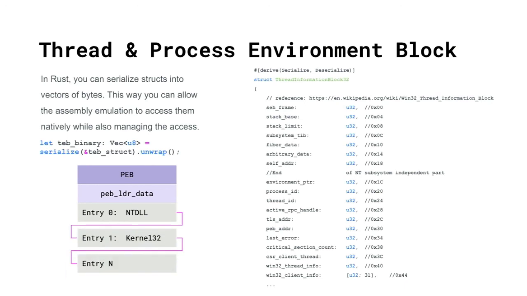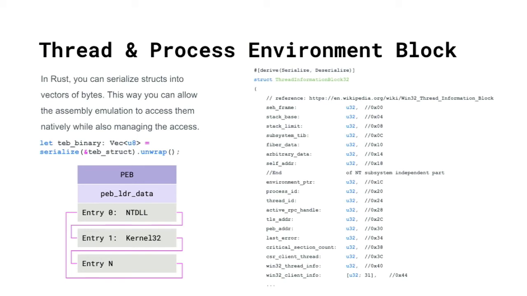Now, the thread and process environment block. I just looked at Wikipedia to get the structs because they're all out there already. You really don't need the whole structs from Windows to get all the special stuff underneath. I left it in there in case you wanted to use it, but I don't recommend it because it takes a while to load. The nice thing about Rust is you can serialize structs into bytes.